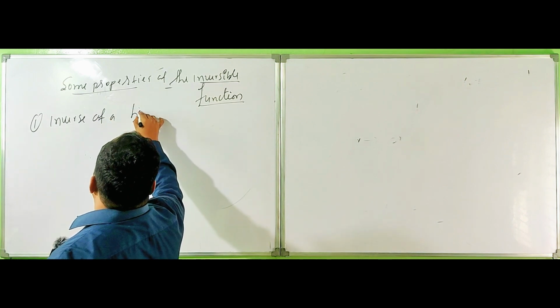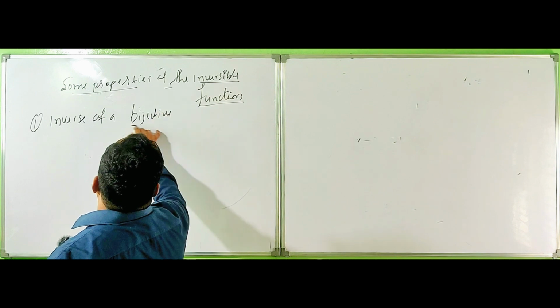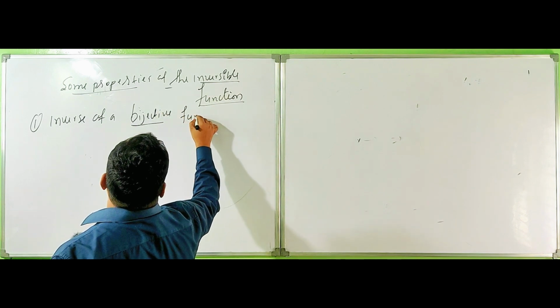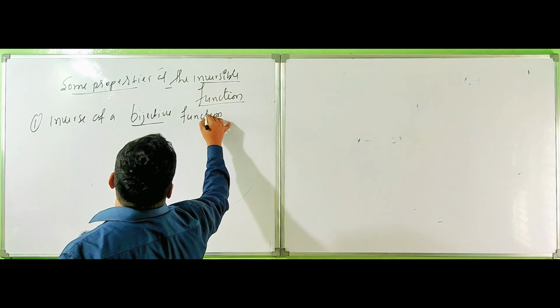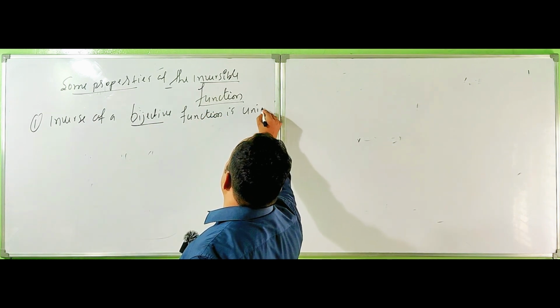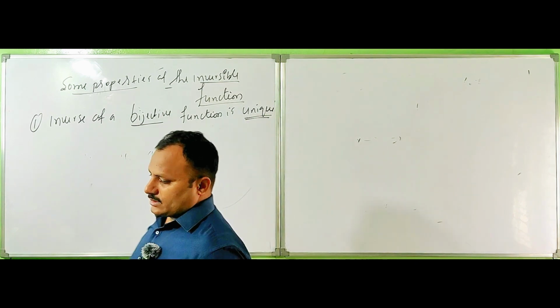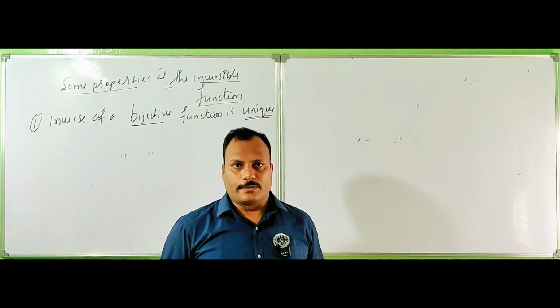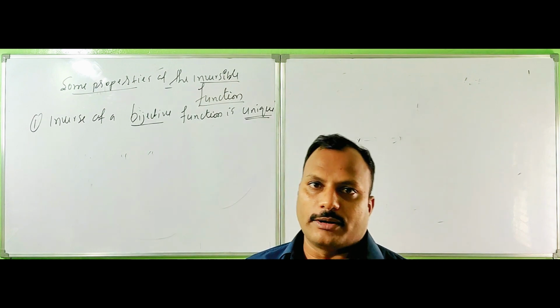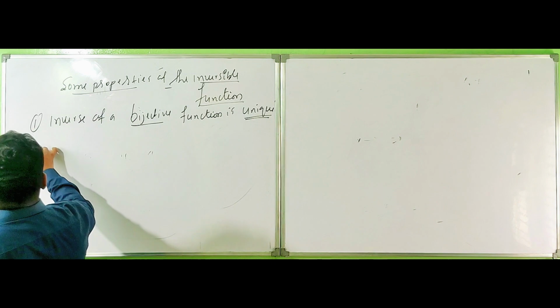Bijective means one-one and onto. Unique means only one way is possible. So if it's not unique, then it is not bijective, and if it is not bijective, then it is not an invertible function.